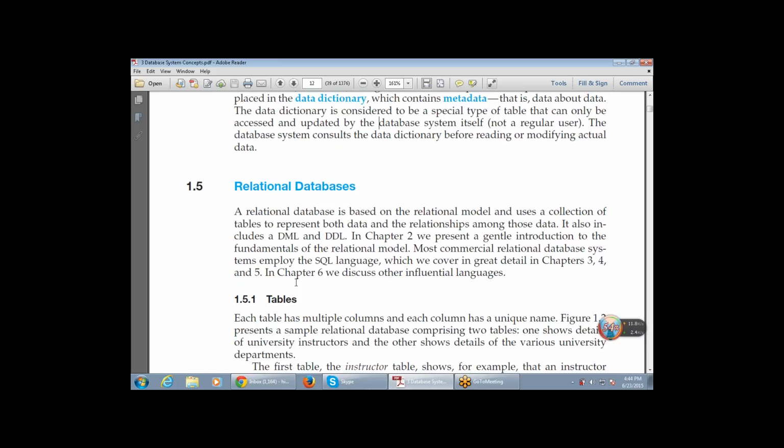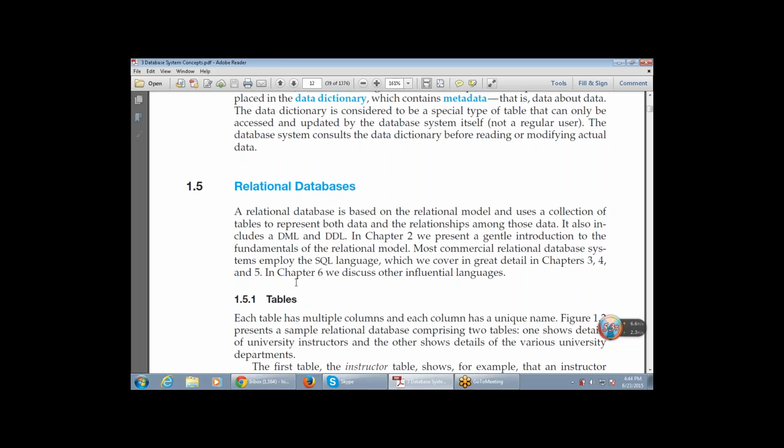Whenever we collect multiple tables, that is also a database, and whenever we combine multiple tables in relation to represent both the data and the relationship among these data, that is a relational database. It represents the data as well as the relationship among these data.